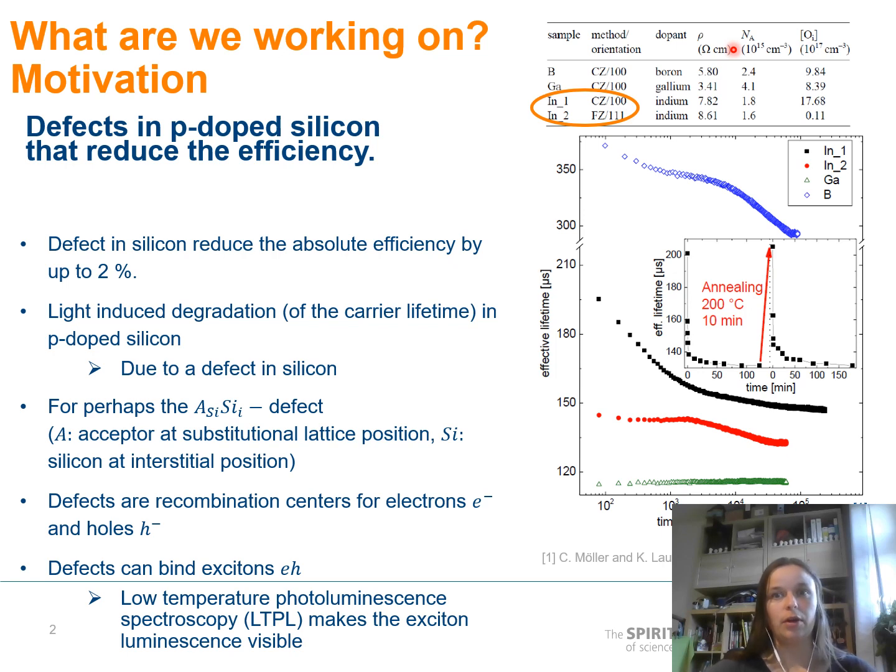Here the charge carrier lifetime is reduced during the illumination of boron and indium-doped silicon. And in the inset you can see that the charge carrier lifetime regains its initial value by an annealing step.